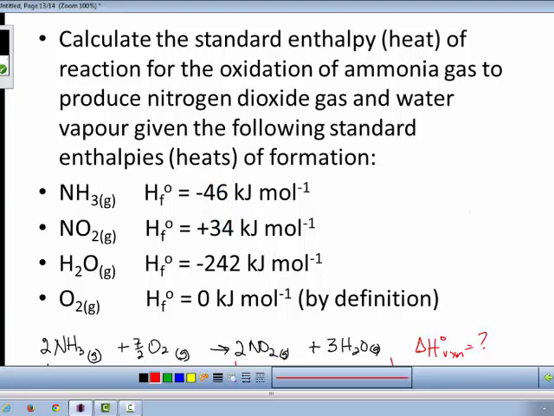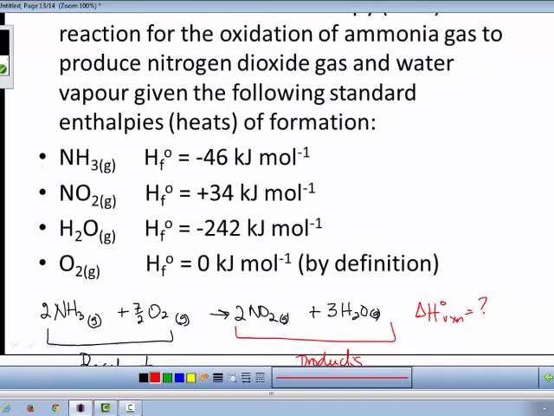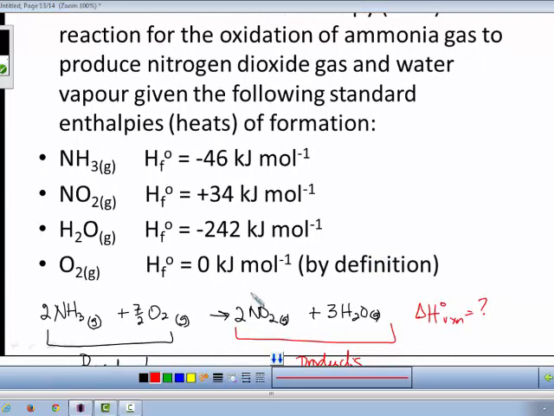So the first thing that you need to do is to write the balanced equation. Okay, so it's 2 NH3 gas plus 7/2 O2 to give you 2 NO2 gas plus 3 H2O. And that is what we want to find, the delta H for the reaction for that particular equation.